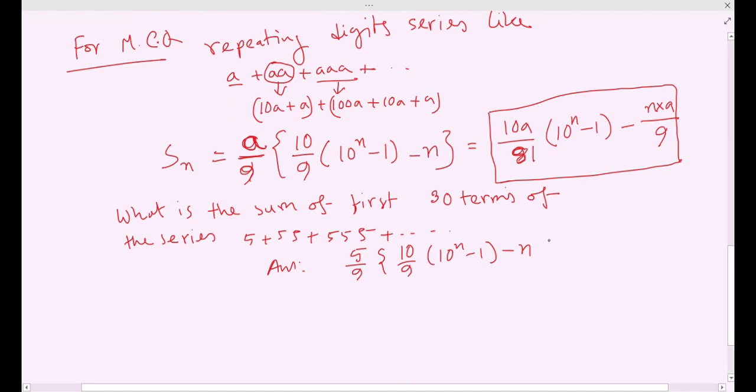Here the value of n is 30. So erase this n and put 30 there, which will be the answer.